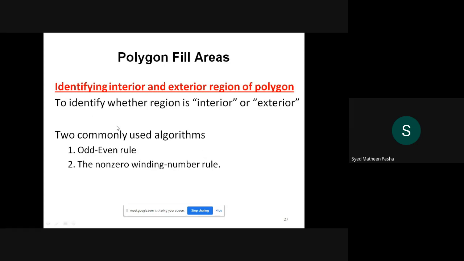The two most common algorithms used to identify whether a region is interior or exterior are the odd even rule as well as the non-zero winding number rule. So let's see how these two algorithms work.